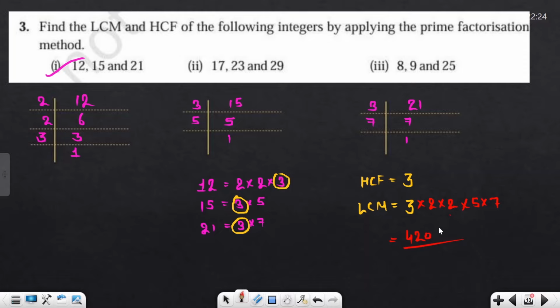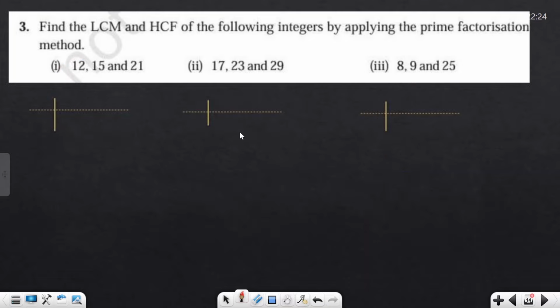I hope everyone understands. Similarly, in the second part of the question, the 3 numbers 17, 23 and 29. These are all prime numbers, so the prime factor is only itself.